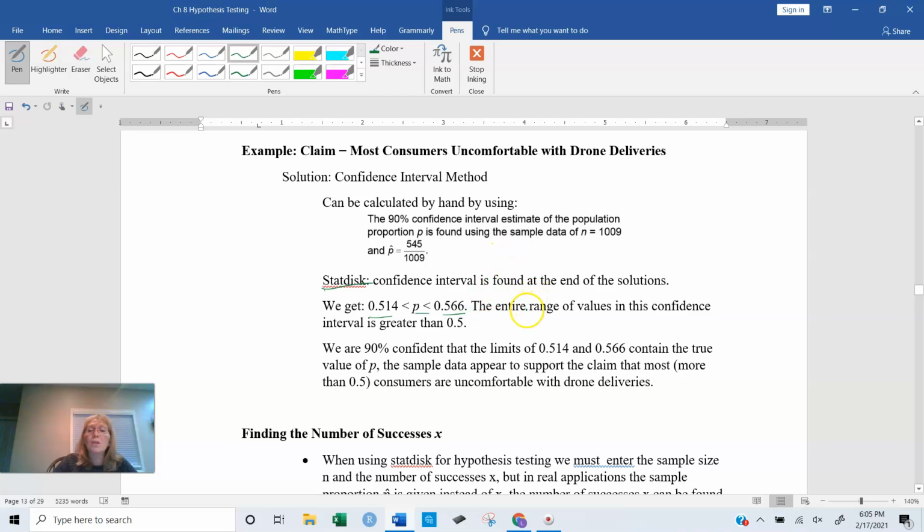Now when we say this is greater than 0.5, we are 90% confident that the limits of 0.51 and 0.56 contain the true value of p. And if you look, 0.5 is not in our range, therefore it cannot be 50%, and that's why we rejected the null. It gives us the same results.